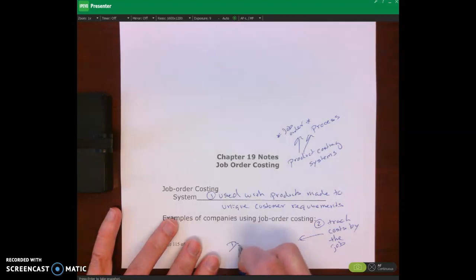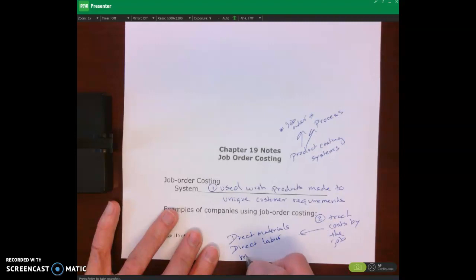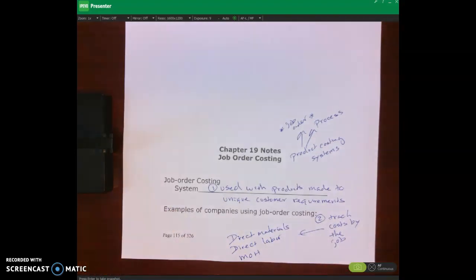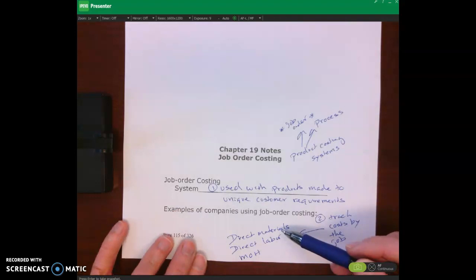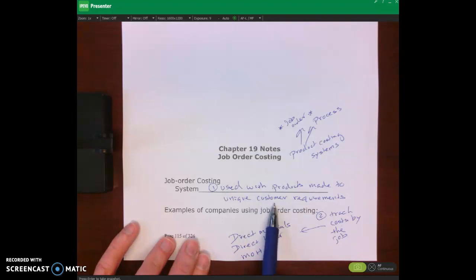We're talking about direct materials, direct labor, and MOH, manufacturing overhead. So we track materials, labor, and overhead by the job, and companies that would use a job order costing system would be those that make unique products to customer specifications. Think unique products to customer specs.